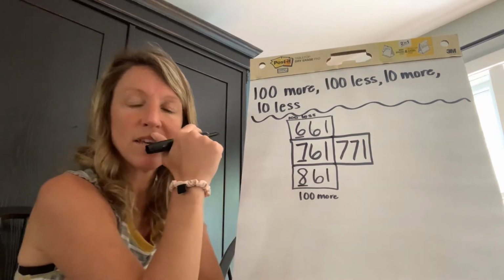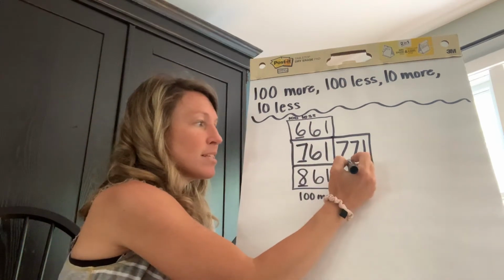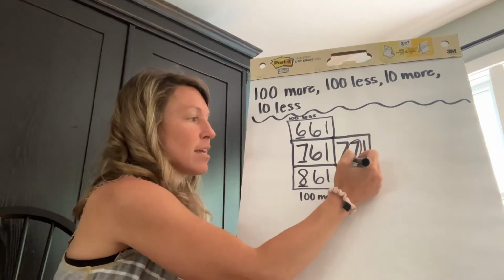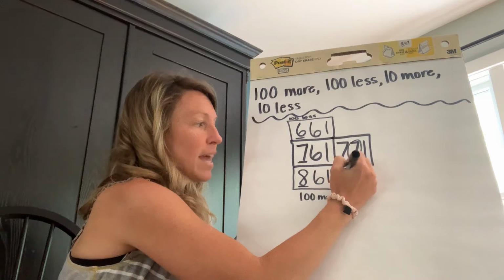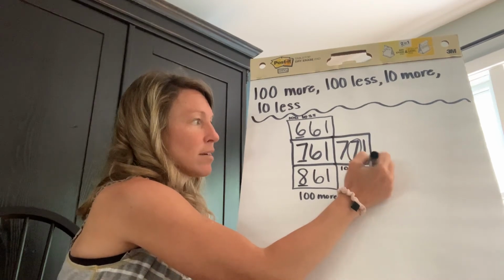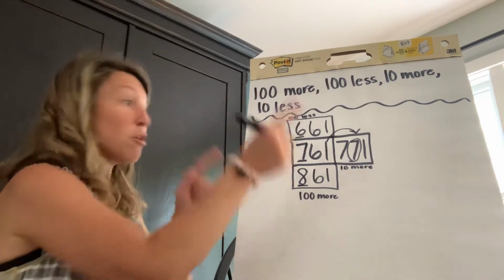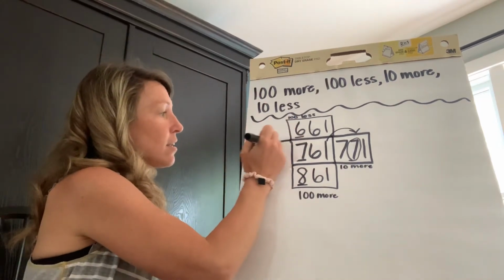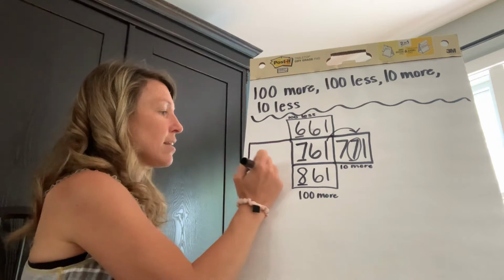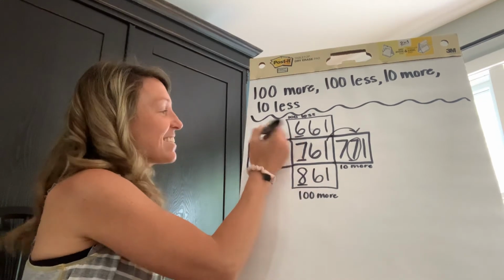And what changed there? It was the tens place that changed, right? So over here, we added 10 more. So when we go this way, you're going to add 10 more, which means if we go backwards, it's going to be 10 less.